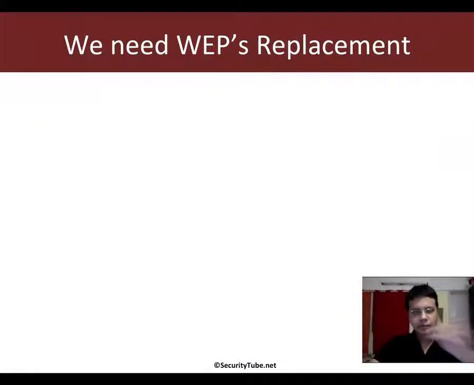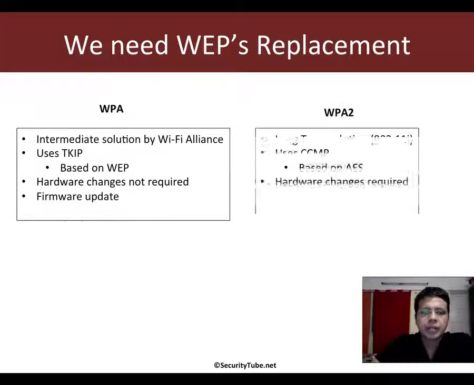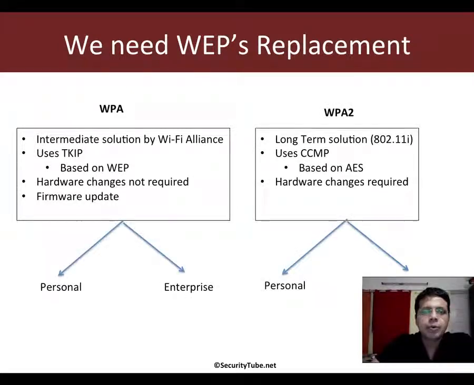If you remember from one of the older slides, a quick recap: we had said that WPA was created as an interim solution while the 802.11 Standardization Committee as well as the Wi-Fi Alliance sat down together to create WPA2. Then we also spoke about the fact that WPA uses TKIP while WPA2 typically uses AES.